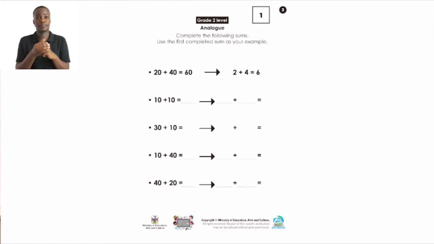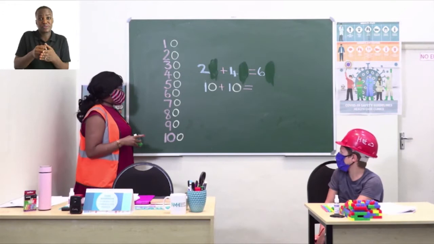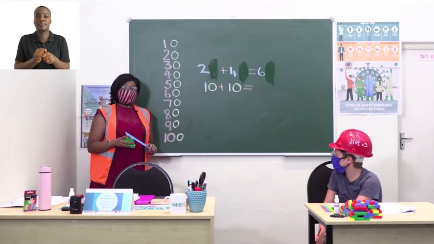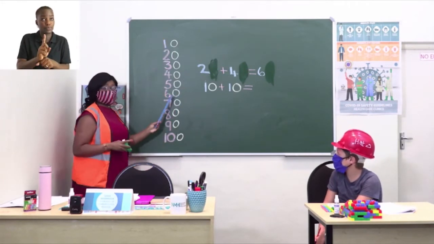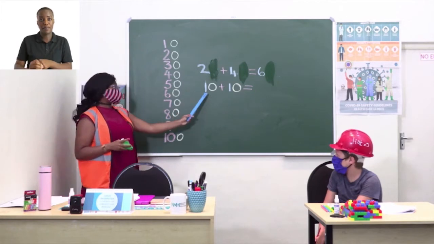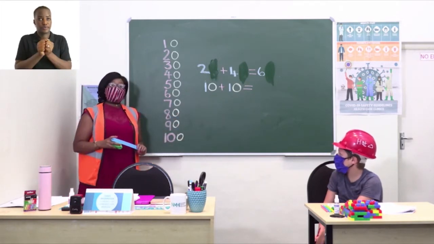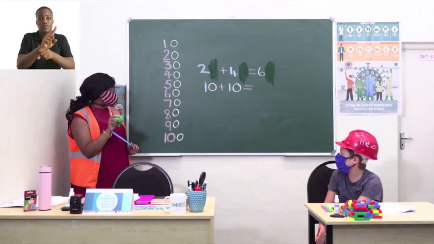Now let's take a look at the next number. It says 10 plus 10. Let's take a look at the board. We are going to try and do this together. So remember, I said that these are decade numbers that we are adding, but we are also looking at the first digit.